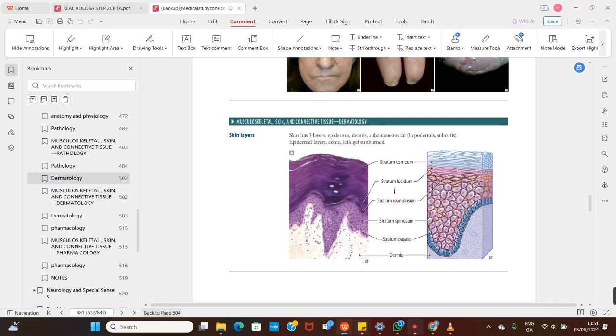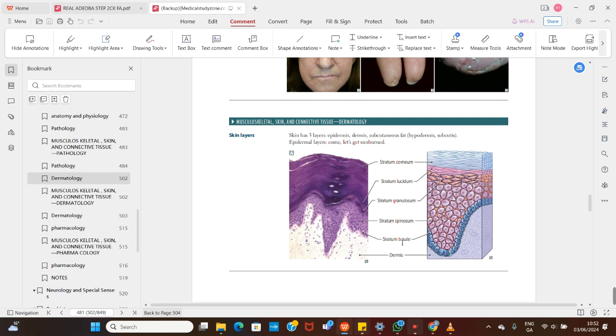The next is the stratum granulosum, which is very important, just like the corneum. Both of them are important because they change in some diseases, which we are going to look at very soon. Beneath the stratum granulosum is the stratum spinosum, right? And then the regenerative layer, the stratum basale, which is beneath, generates and replaces the layers above it.